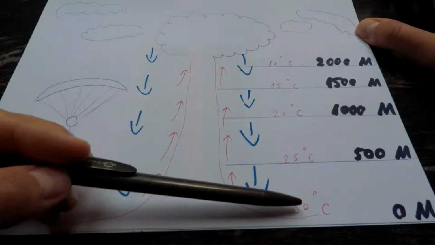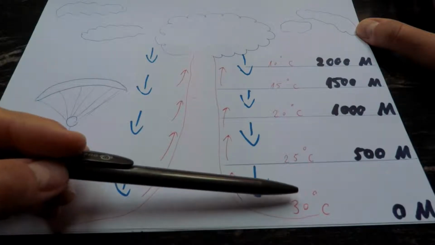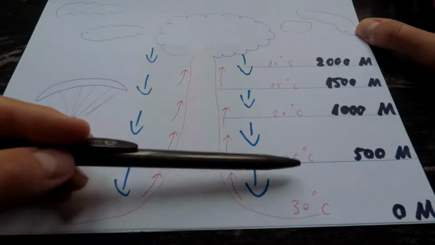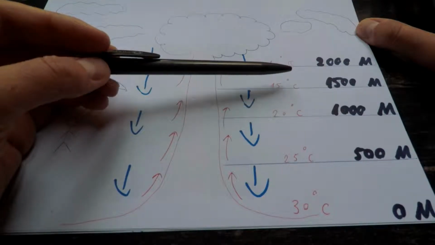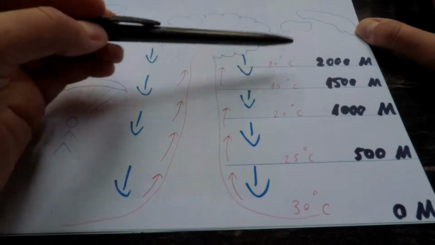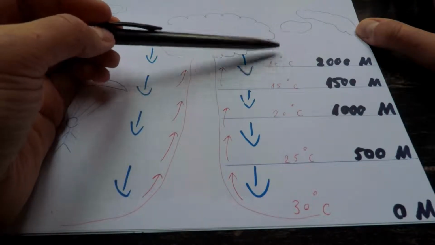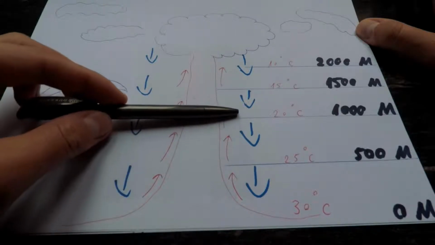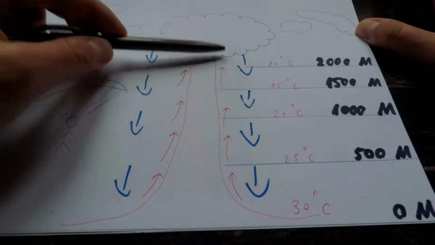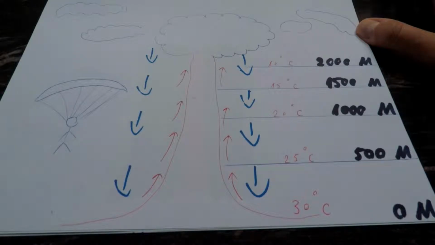That means it cooled down 1 degree Celsius per 100 meters. At 1000 meters it is going to have 20 degrees Celsius, at 1500 meters 15, at 2000 meters 10 degrees Celsius, and so on. If you had a temperature gradient like this every day, you could say you would have thermal weather every time and you would enjoy yourself a lot.